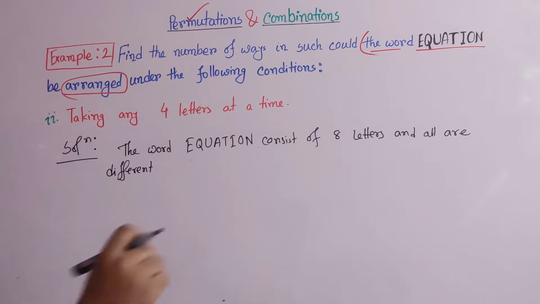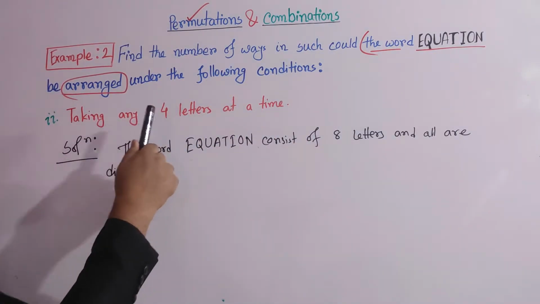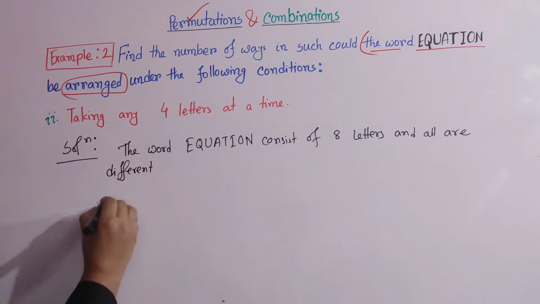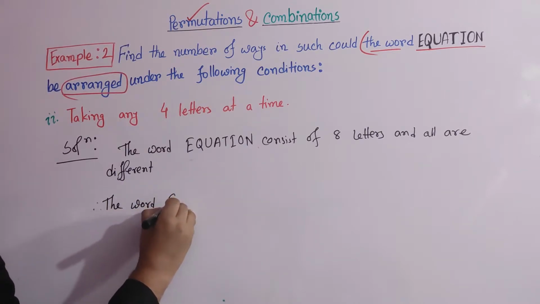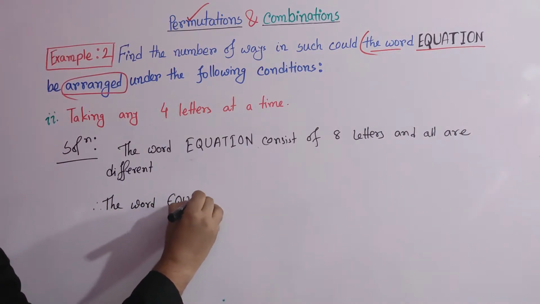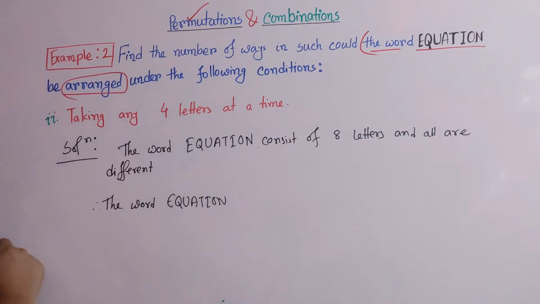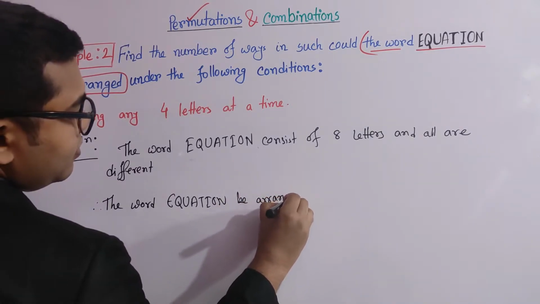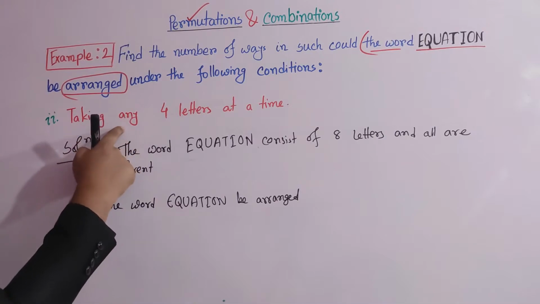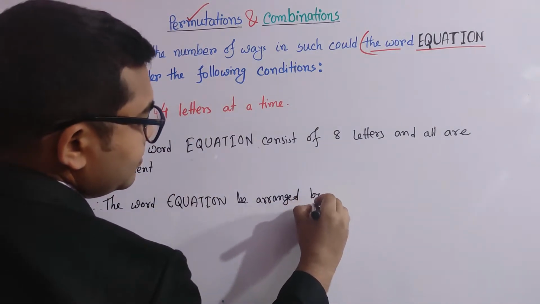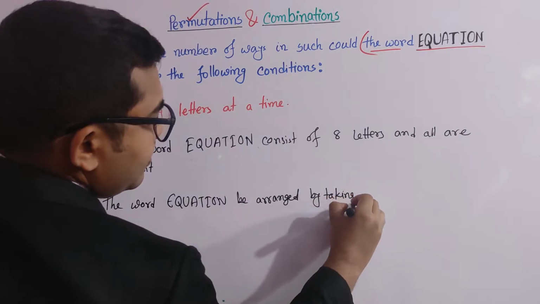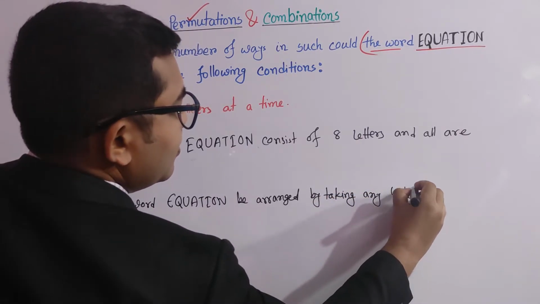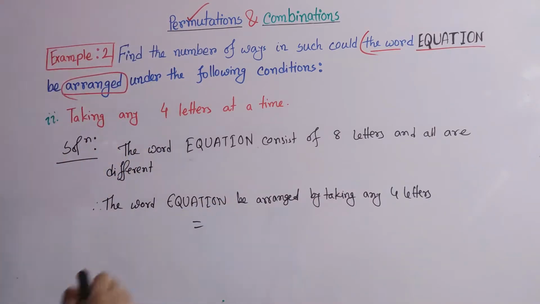So what do we have to do? We have to take only 4 letters. So what we have to write: the word equation can be arranged by taking any 4 letters at a time will be what?